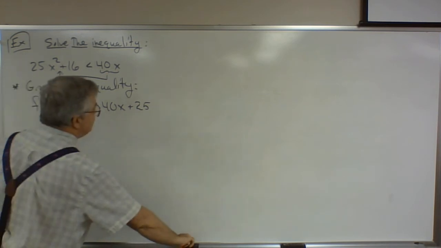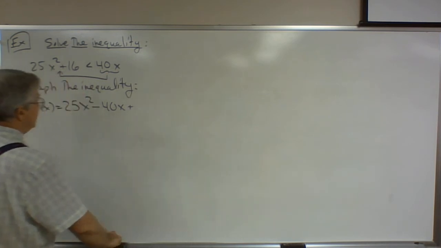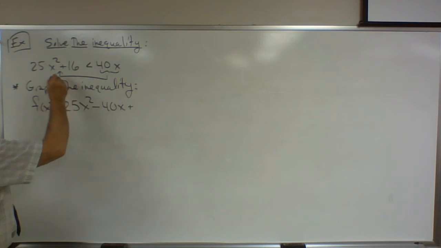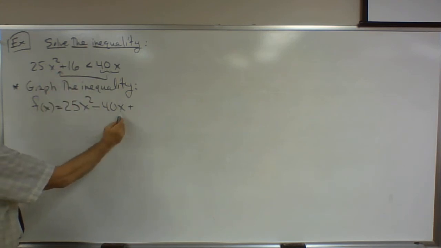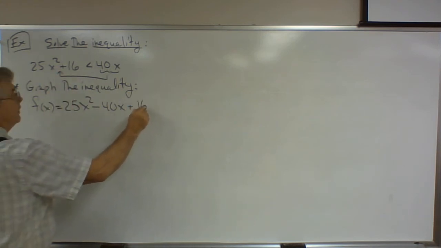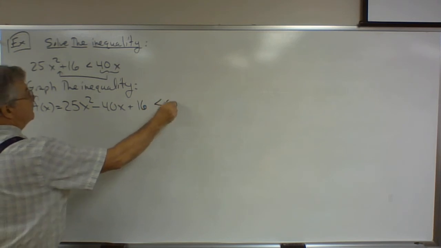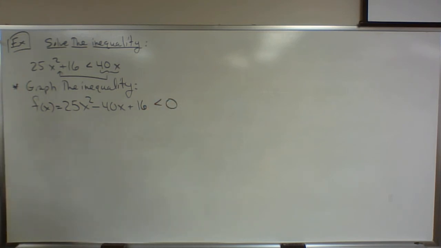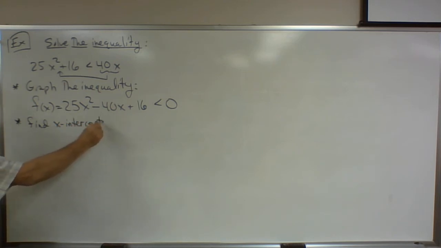So take 40x, move it over here, it becomes negative 40x. And we have less than 0. And find the x-intercepts. Okay.